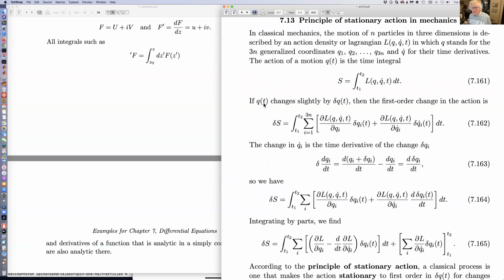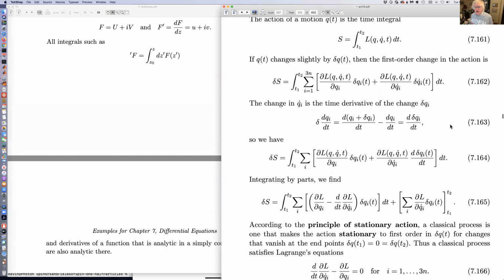This is a process of Q of T, Q being several variables. So change the process, Q goes to Q plus delta Q. And what's the first order change in the action? Well, it's partial L partial QI, the change in QI, plus partial L partial QI dot, change in QI dot.